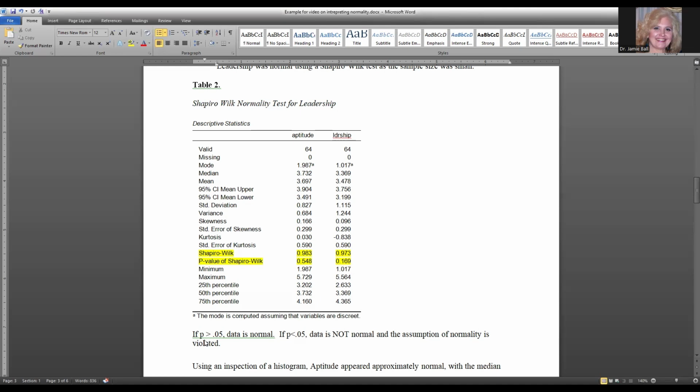P is greater than 0.05. The data is normal. But what if I'd had a p-value of 0.03? Well, then P would be less than 0.05 and the data is not normal and the assumption would be violated.